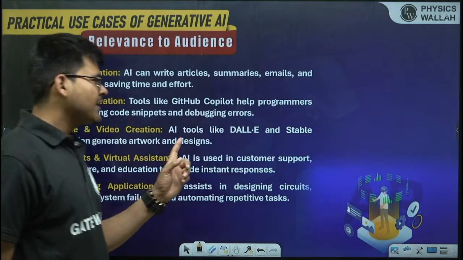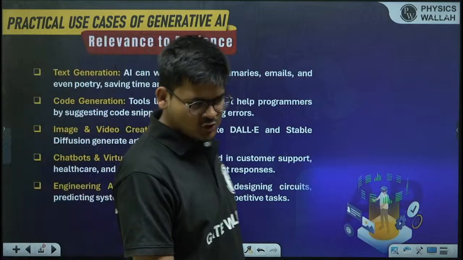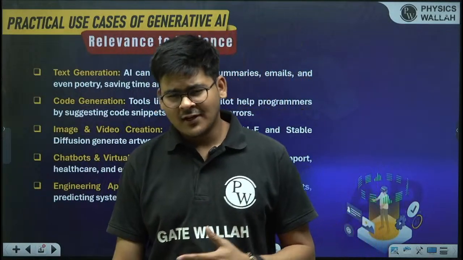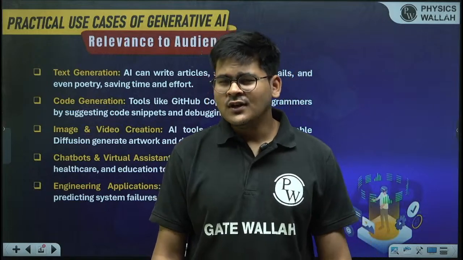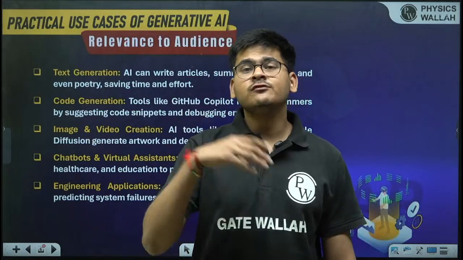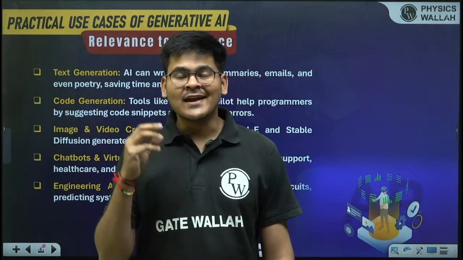AI tools like DALL-E and Stable Diffusion generate artwork and designs. According to me, in 5 years, which is also a very long time, there will be AI generated movies. Instead of actors, AI will be creating those avatars.